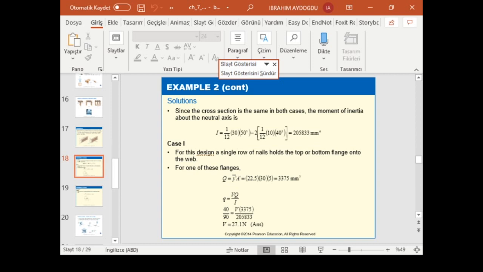Therefore, first of all we find the required Q values, and then we find the spacing values with respect to the nail requirement, nail strength. Okay, I want to go back to our slide.